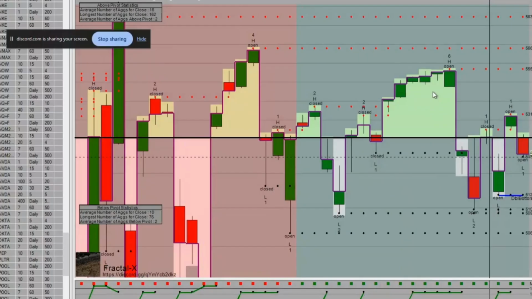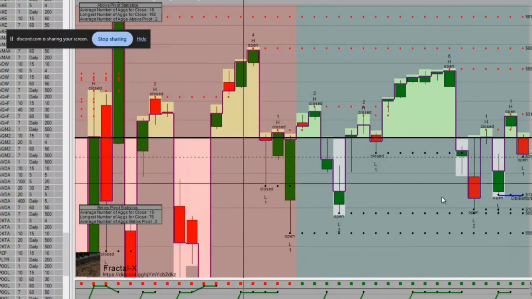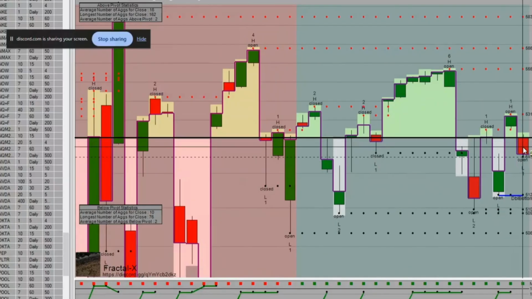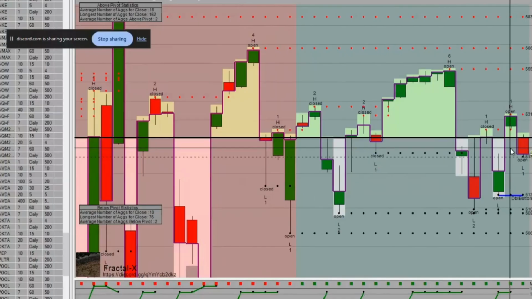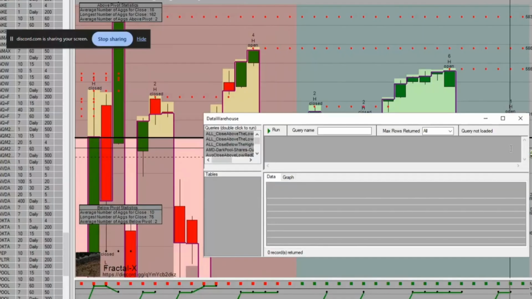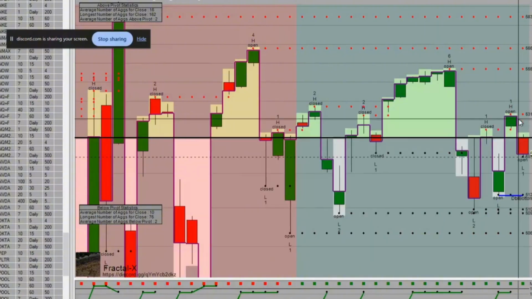So one thing that I learned this week with the hotkeys is that as soon as you start moving your cursor around, these values change. If you want to lock it in, if you have a hotkey for data warehouse, which, oops, okay, I did it. Sorry.